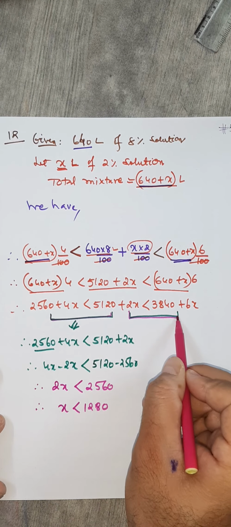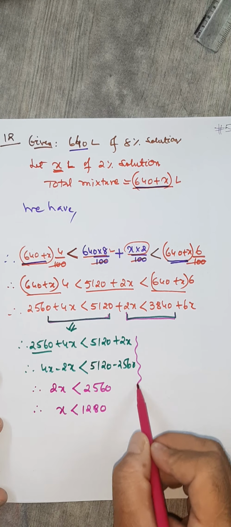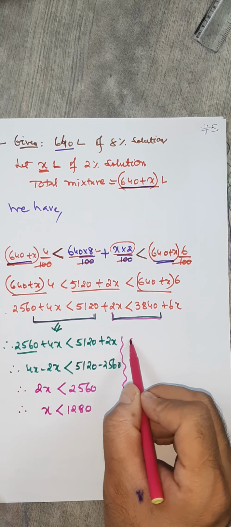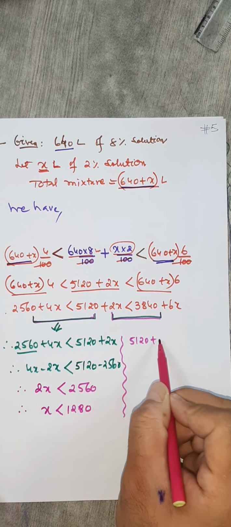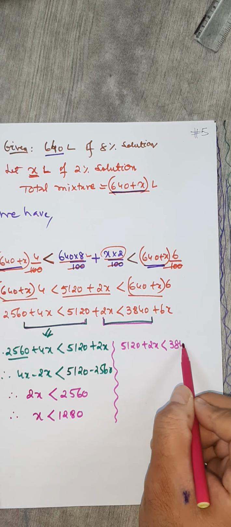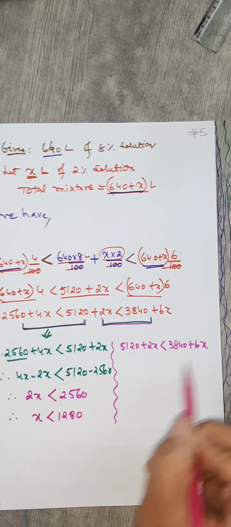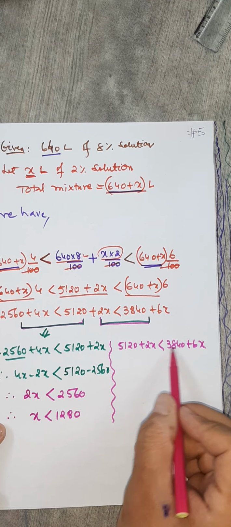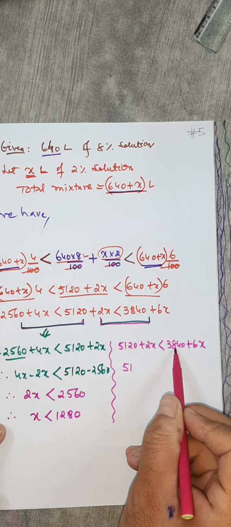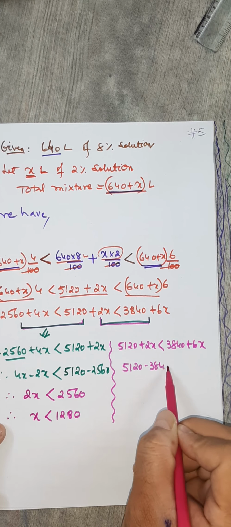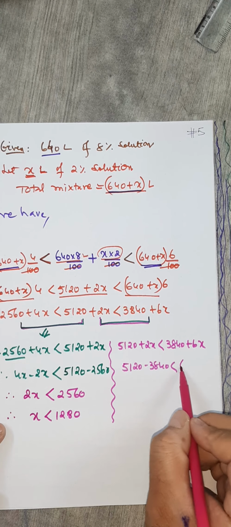Now we'll combine these two. So here 5120 plus 2x is less than 3840 plus 6x. Now I'll just simplify. Take 3840 on this side and 2x on the other side.